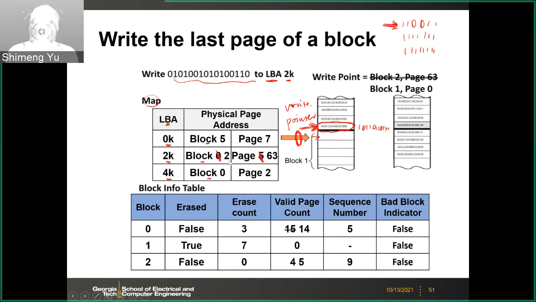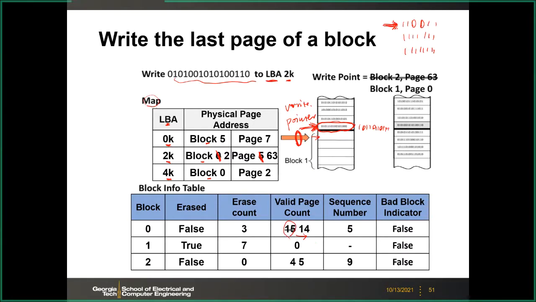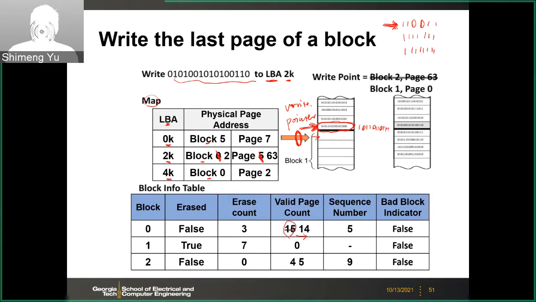Now you move to block 2. So the valid page count in block 0 will reduce by 1. And meanwhile, block 2 now has new data written in, so its valid page count will increase by 1, or become 5.